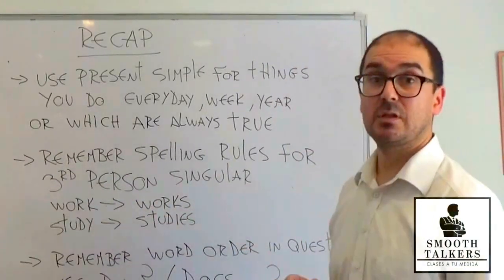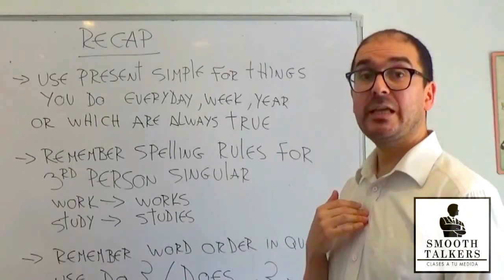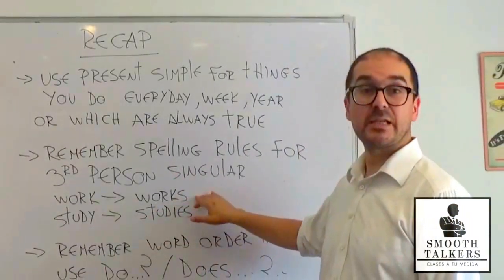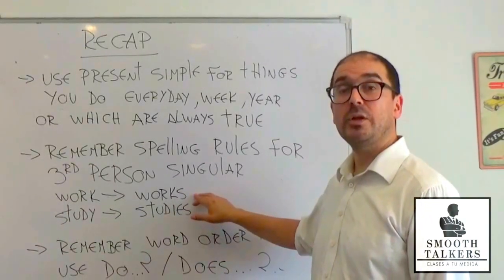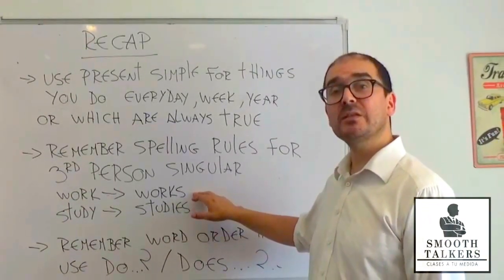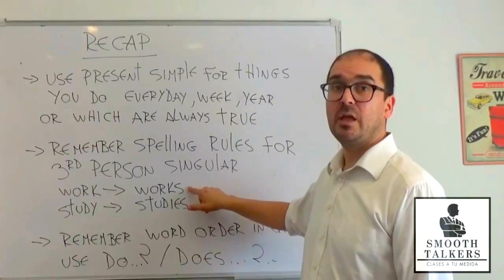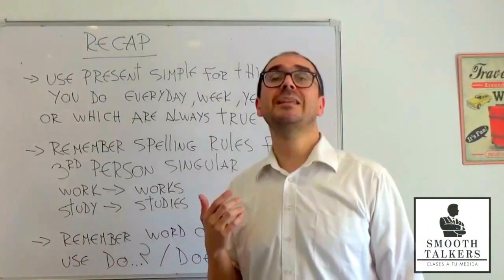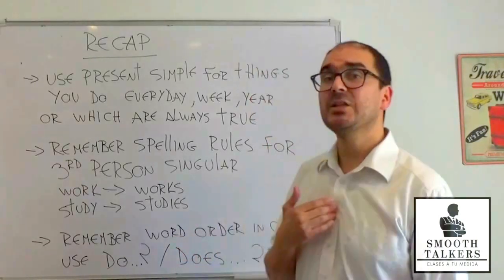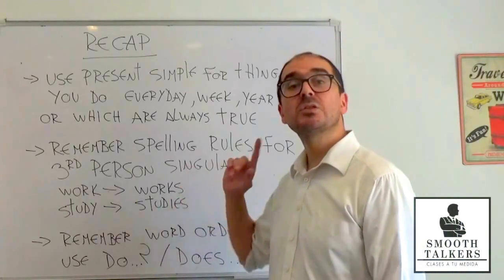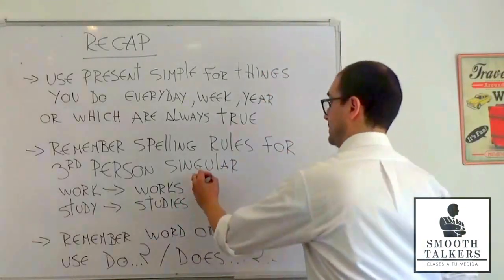Now this is important. I work here. She works here. So, when using the third person, in affirmative mode, remember to put an S after the verb. And when uttering a negative phrase, I don't work here, we have to use she doesn't work.